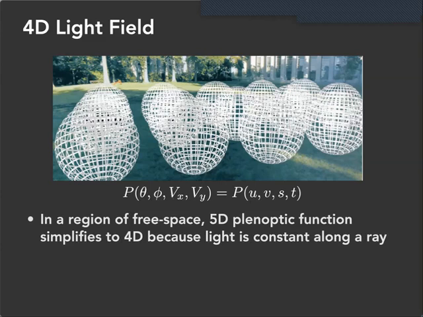Because if it was just like in this picture, on a grassy field and all in air, then because we've studied that light is preserved along a ray, although the plenoptic function is five-dimensional, one of the dimensions is redundant, because you're going to get the same value of light for all the connected points in the world, all the XYZ positions, that are connected by a ray passing through them at a particular trajectory.